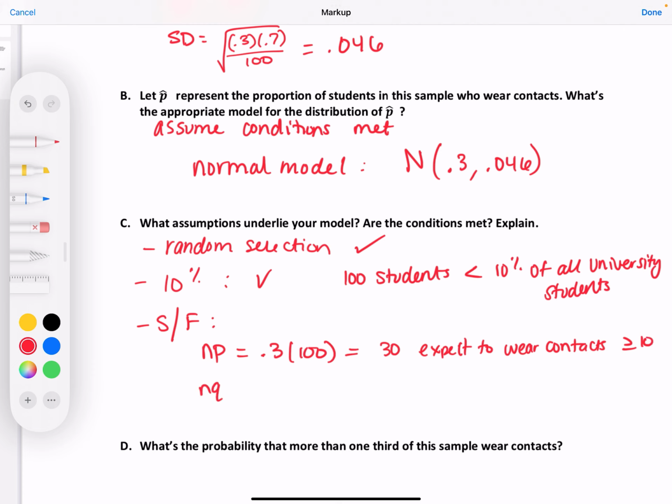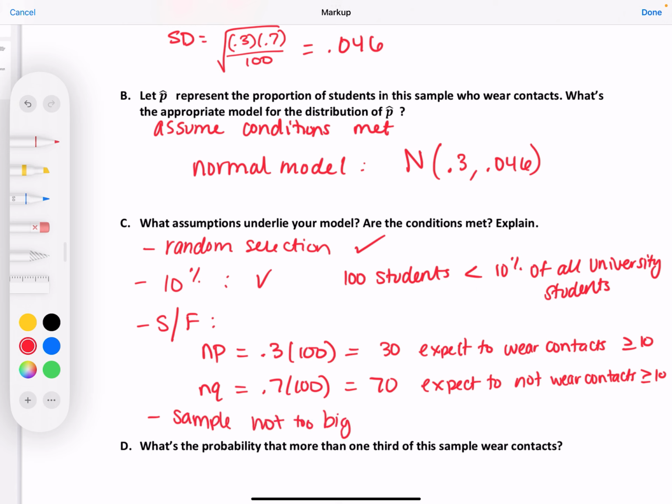Then NQ would be 0.7 times 100, which is equal to 70, who we expect to not wear contacts, which is also greater than or equal to 10. And the sample is not too big and not too small. So it's large enough and it's not over the top.